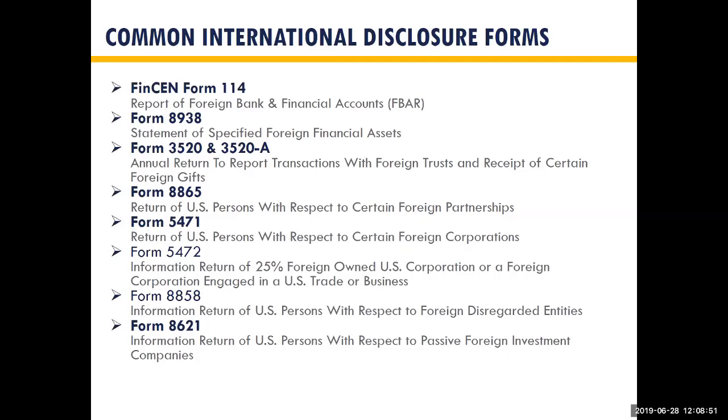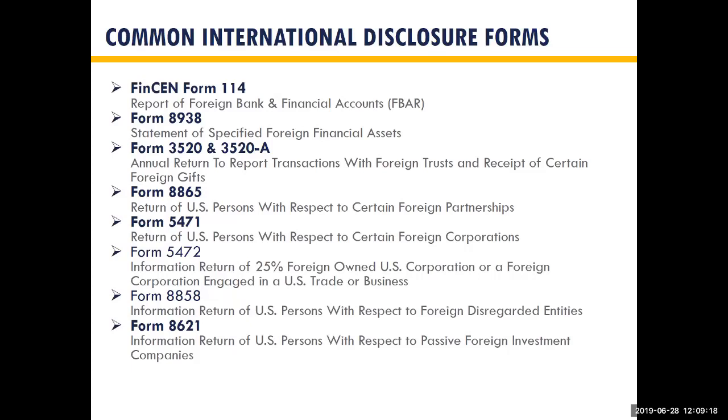The 3520 and 3520A are both reported in relationship to foreign trusts and also receipt of certain foreign gifts. Forms 8865 and 5471 are for ownership of foreign corporations and foreign partnerships.